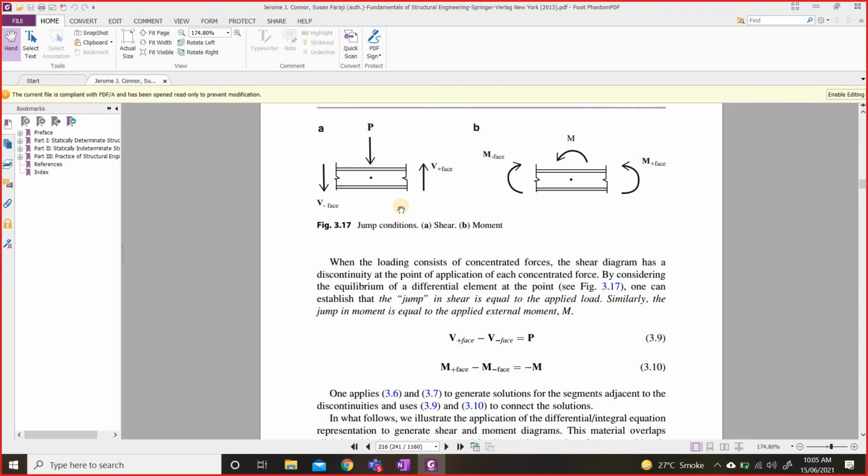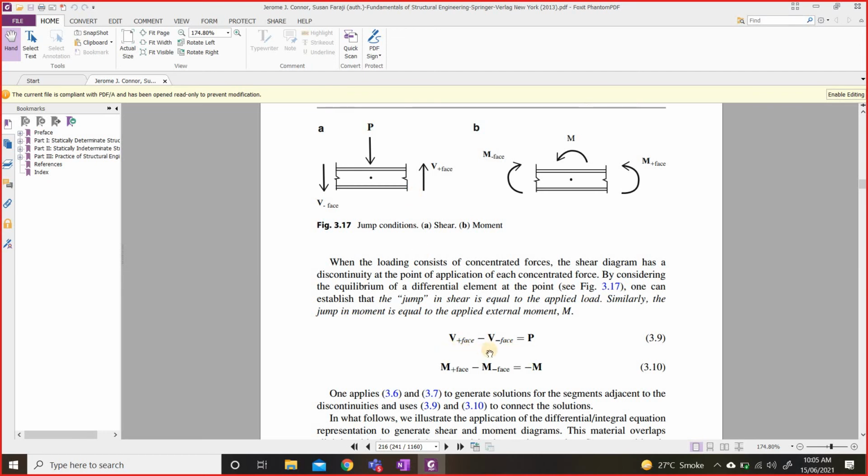You would know that when the loading consists of concentrated forces, the shear force diagram has a jump at the point of application of each concentrated force. So if you consider a beam with a concentrated load and consider that particular segment in which the concentrated load is present, then V on the negative face and V on the positive face can be related by this expression.